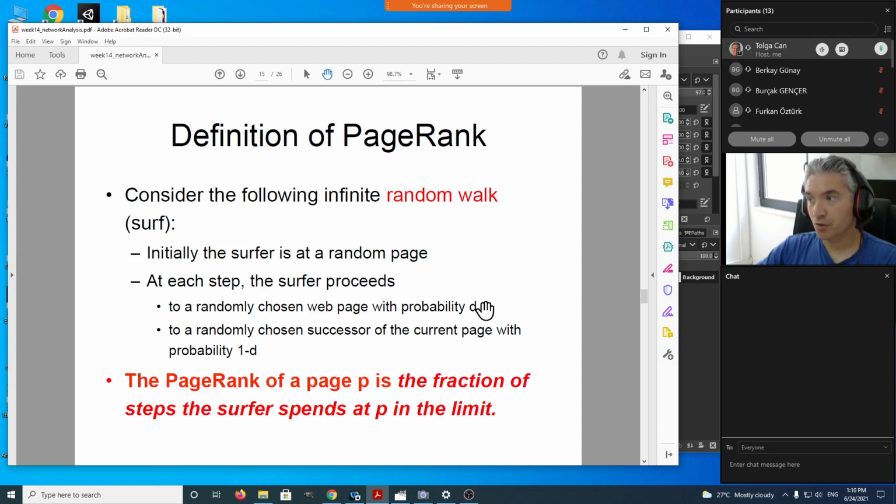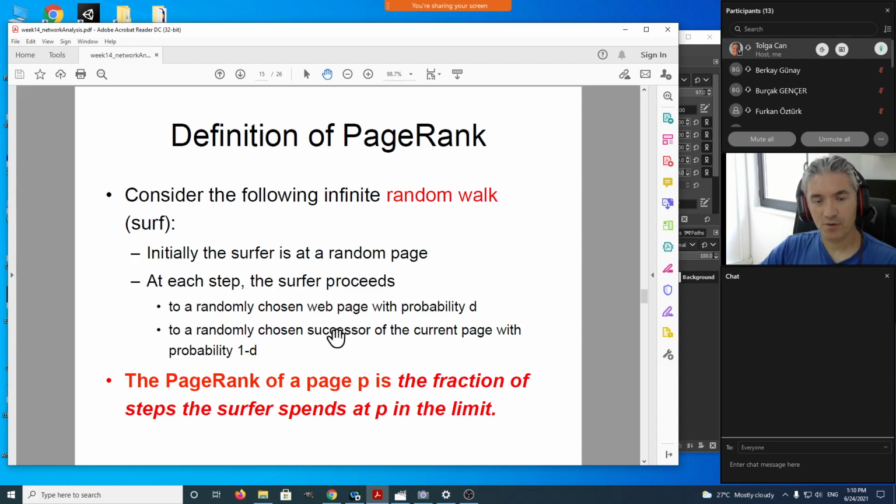In order to not get stuck on some kind of island in this random walk, we make our random surfer make certain jumps arbitrarily with a certain probability. This probability can be decided; it is again a parameter of the algorithm. It could be 0.3, 0.4, but different values of d should probably give similar results.